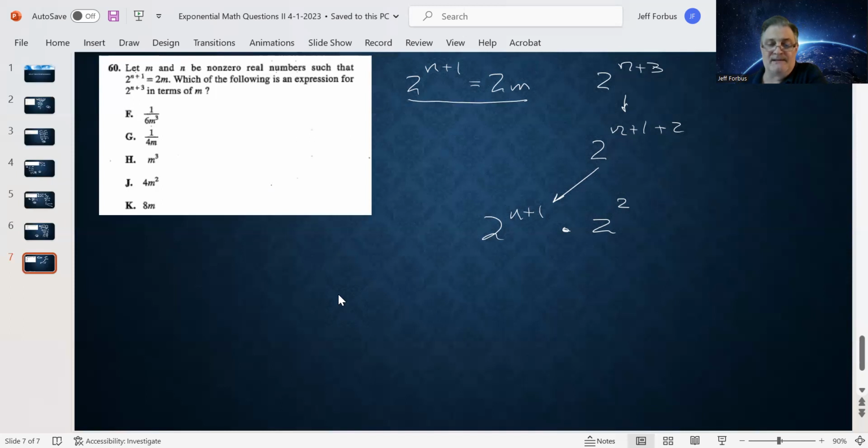So we can replace this with 2m. And 2 squared is 4. So 4 times 2 is 8 times m. Now we have it rewritten in terms of m, which is answer choice K.